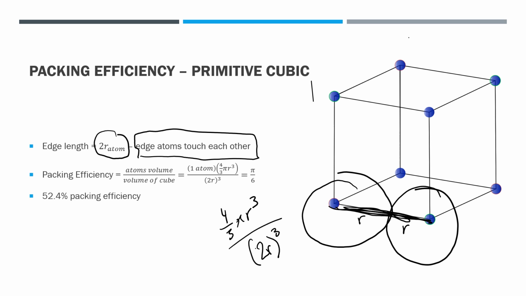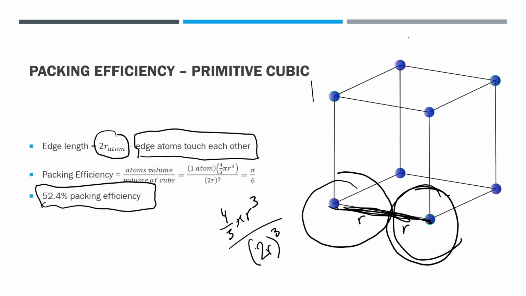If we do this math, we get 52.4% packing efficiency. That means only a little bit above 50% of the space in that unit cell is actually used by the atoms themselves, if we model the atoms as spheres, right?